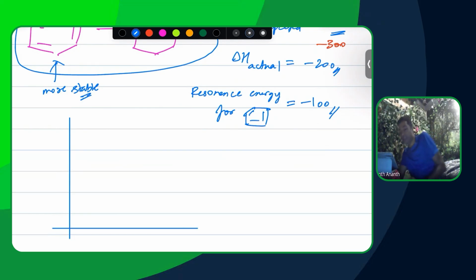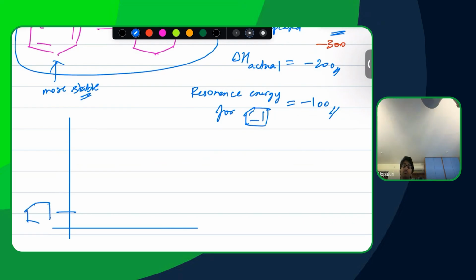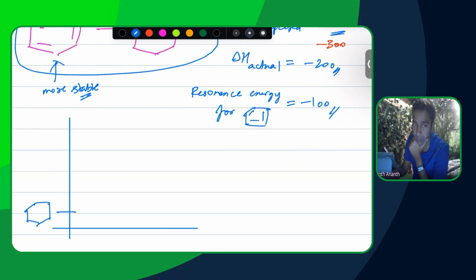So the idea here goes like this. We have this as the level for cyclohexane. It is more stable, so I'm going to be having something like this. Let me just draw the full line there, that is easier.